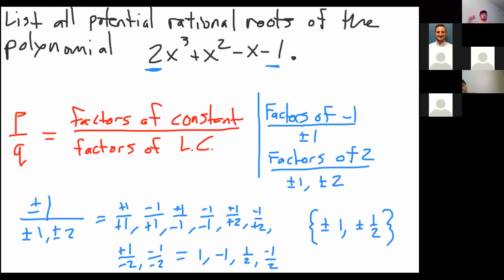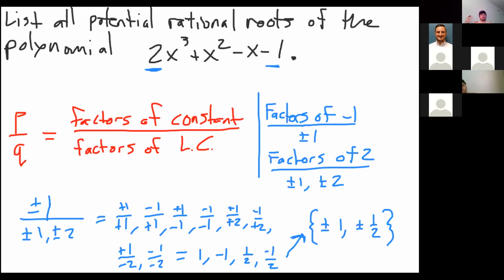You'll see these getting repeated once I simplify the signs down, appearing in multiple spots in that list. So I compile them together and get my nice list of rational roots. I'm going to put set notation around it, those curly brackets, a nice way to convey to a reader that this is my final answer.